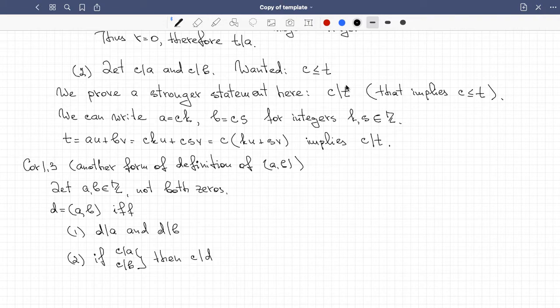So you may therefore relate this condition to that every common divisor divides the greatest common divisor.